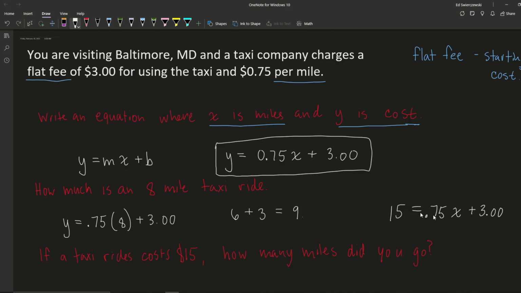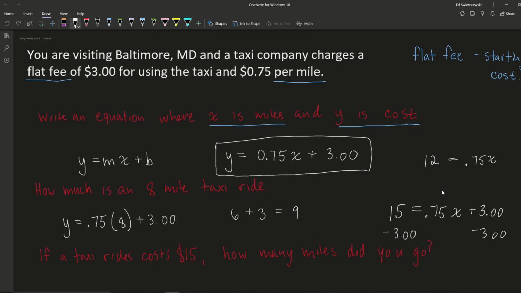Yeah, if you said subtract 3 from both sides, you are correct. You can also think about moving 3 to the other side and changing it from positive to negative. So this is going to be 0.75x equals 12.